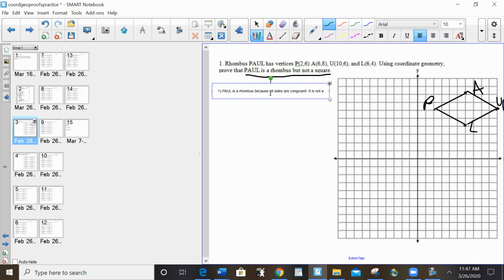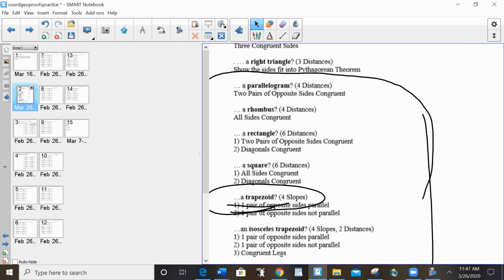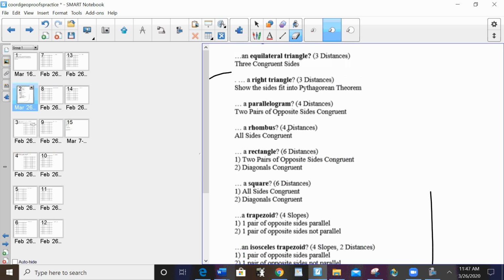It is not a square because, well, to prove it's a square, in addition to all sides congruent, we also have to prove that diagonals are congruent.